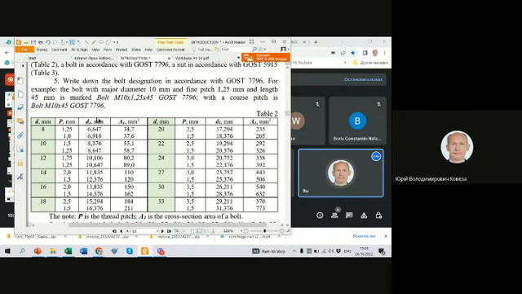Next 10, it's greater. So in such case, I should take 12 with coarse pitch 1.75, and so on. Ready? Okay, ready.